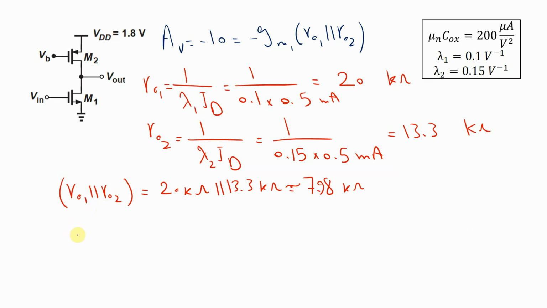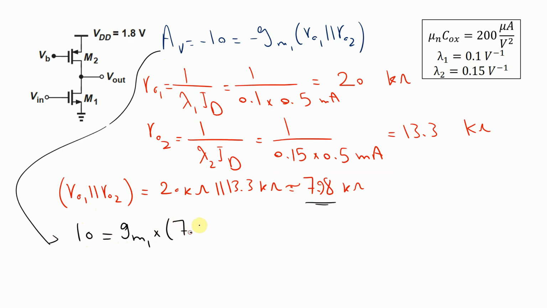We have 10 equals gm1 times, I just inject this into this formula, times this resistance, 7.98 kilo. So gm1, by using some simple mathematics, you get the result 1.25 milliampere per volt. This is the unit for gm1.